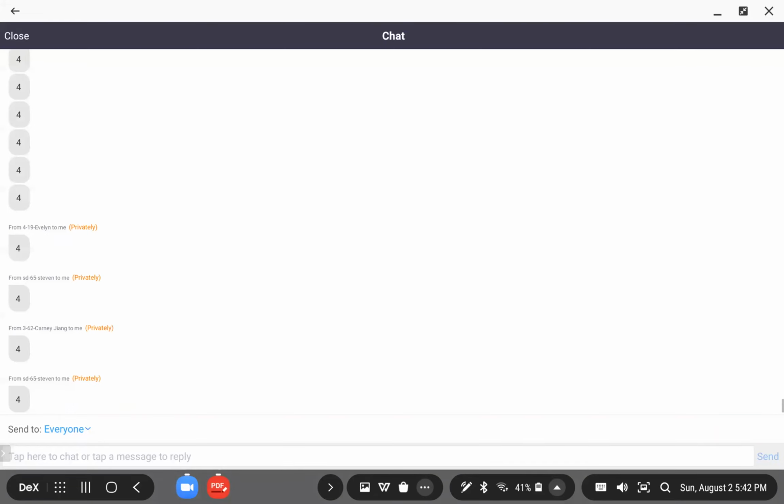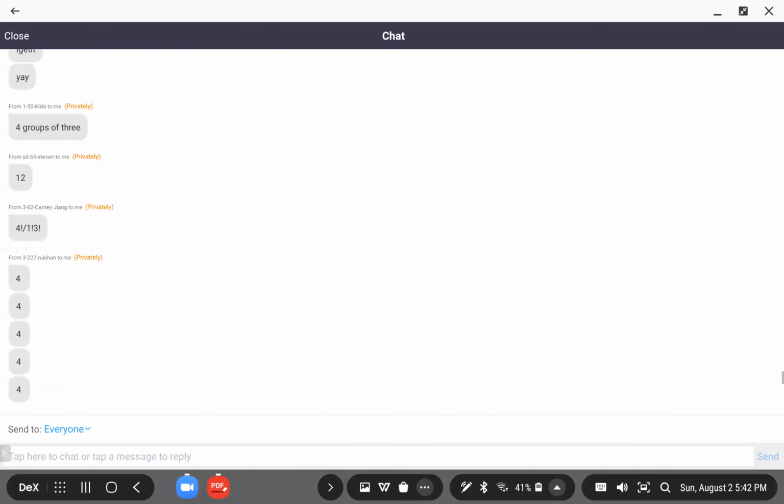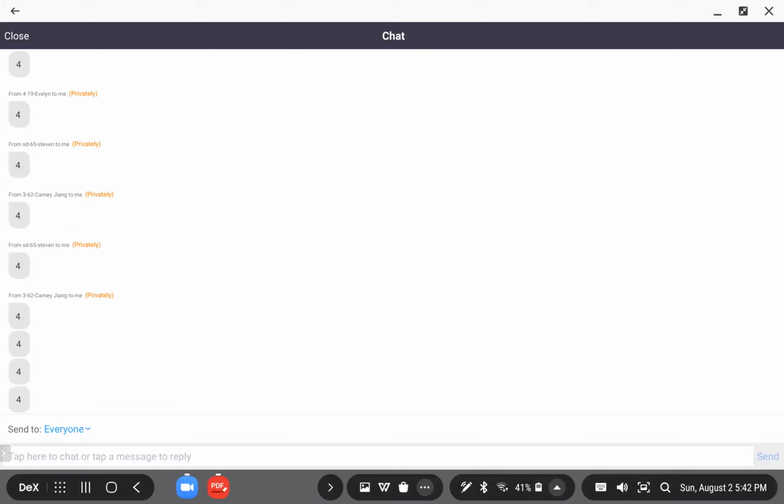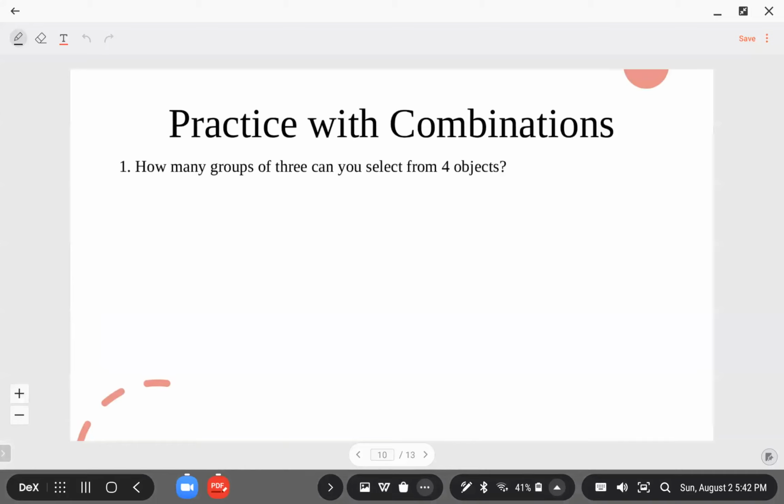Okay, so a lot of 4s, and I am pretty sure 4 is correct. Now I'm going to walk you through how you get this answer. Our set of 4 objects, let's say the 4 objects are 1, 2, 3, and 4.